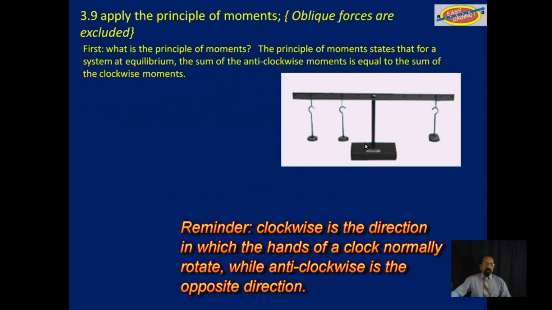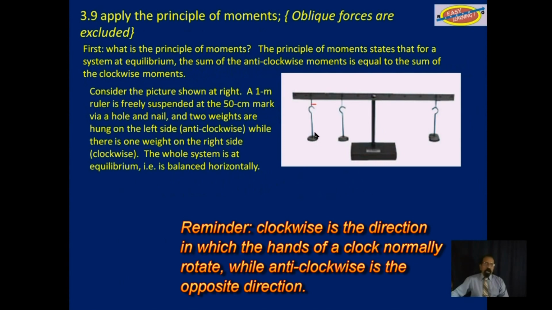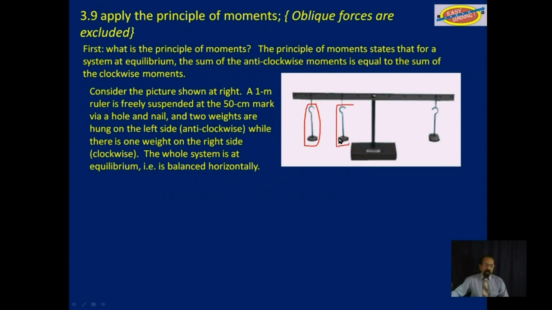Consider that we have an apparatus like this with a retort stand, a ruler balanced on a nail, and we have 2 masses on this side, 2 weights, that one and this one, and on this side we have that one.